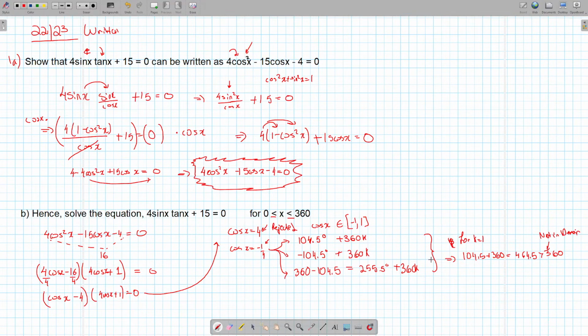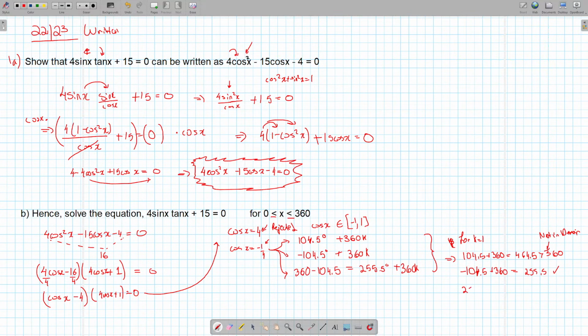What else? How about this minus 104.5? Let's try it. Minus 104.5 plus 360 is going to be equal to 255.5. But we already found it, so this is correct.